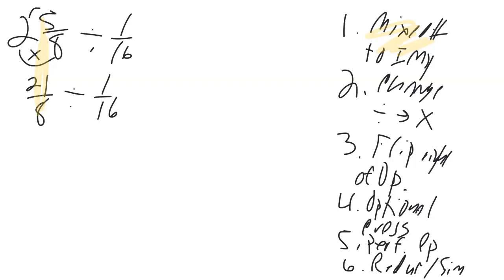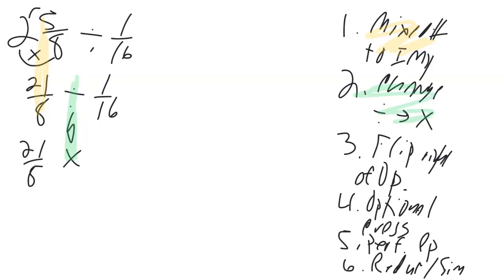Okay, step two is to change the operation from division to multiplication. So we're going to drop that 21/8 down. And so now we've done that. Step two is changing division to multiplication.